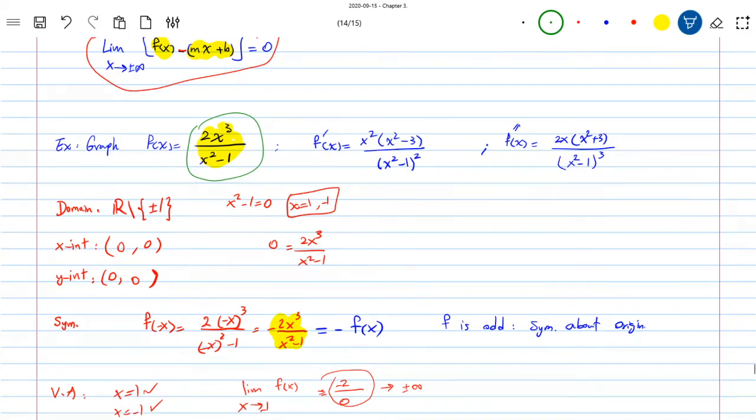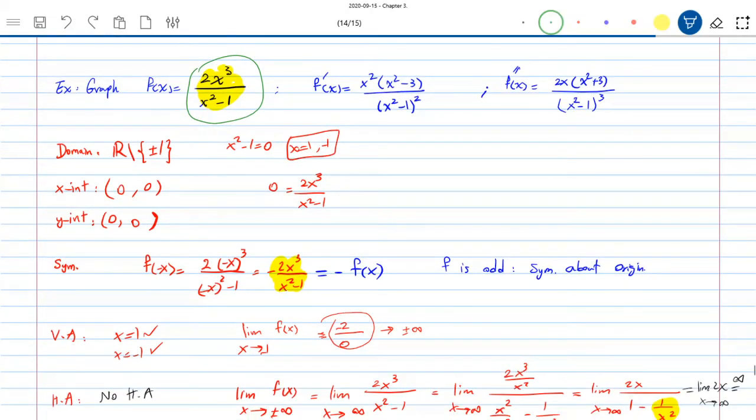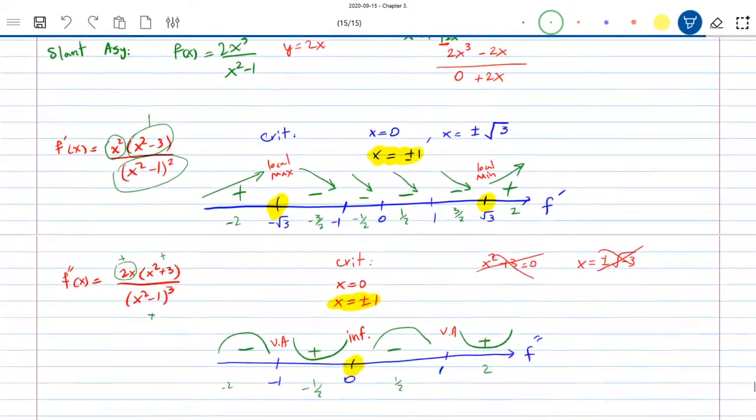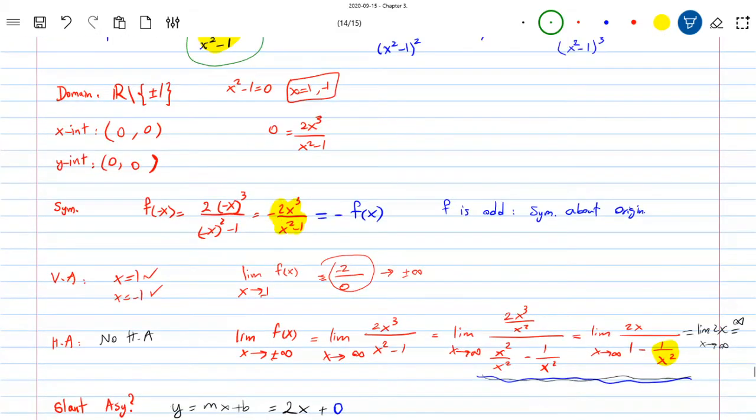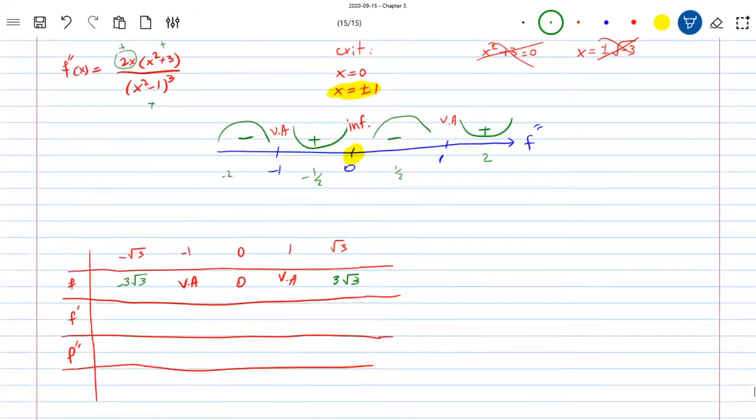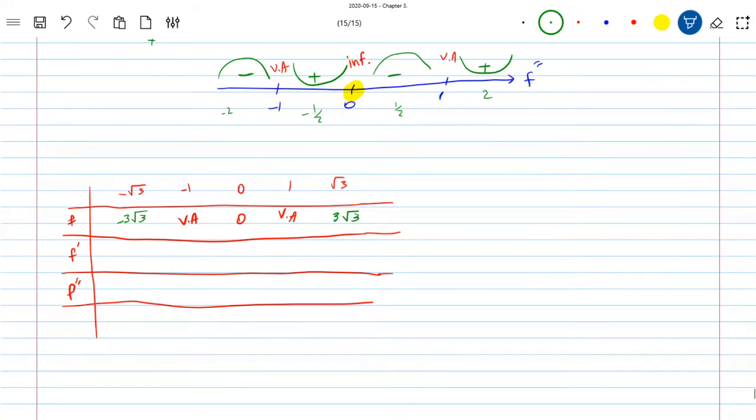If you replace √3, you get 2 times 3√3 divided by 3 minus 1, which gives 3√3, and for -√3 the value is again 3√3 but negative. This is just the simplified y value. I replaced it in the original function.